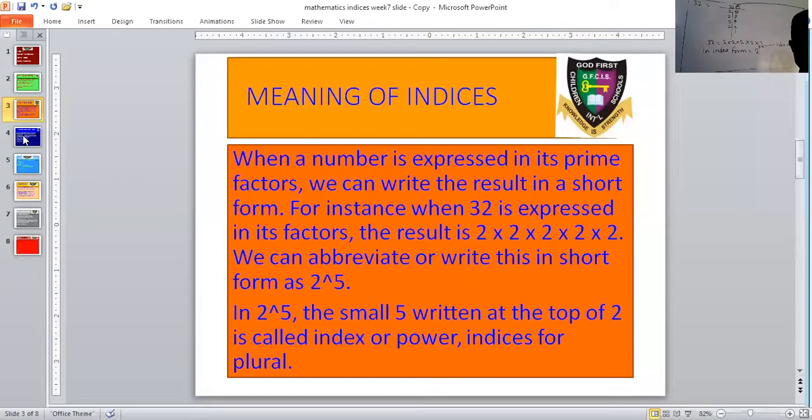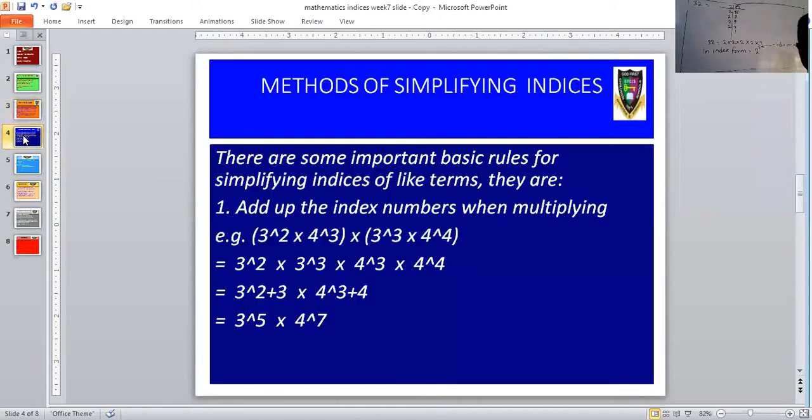So here, we have methods of simplifying indices.